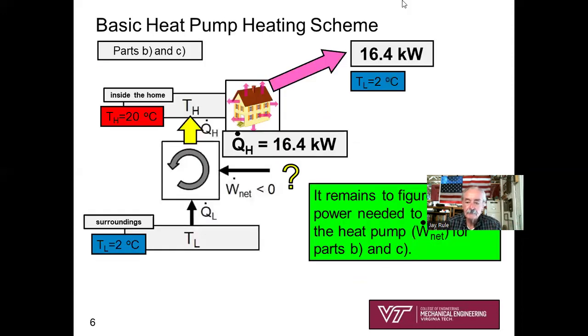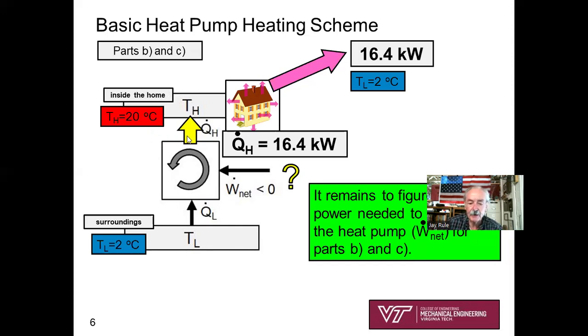All right, let's talk about a basic heat pump, in other words, some details about parts B and C. I want to draw another sketch for parts B and C. Here's my tried and true schematic, which I use in my videos for a system operating in a cycle at a certain rate between 2 temperatures.